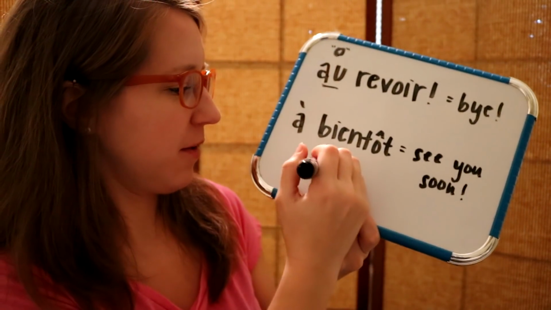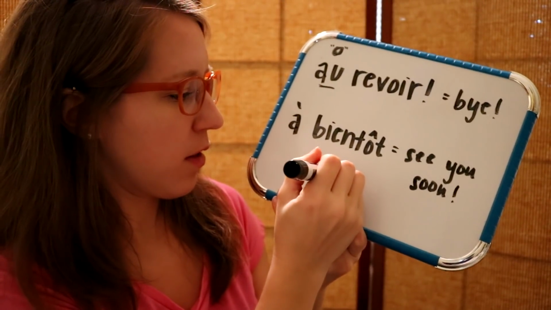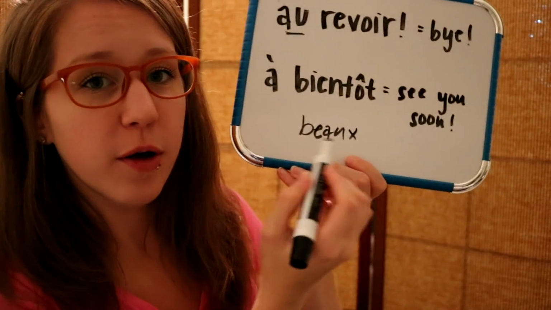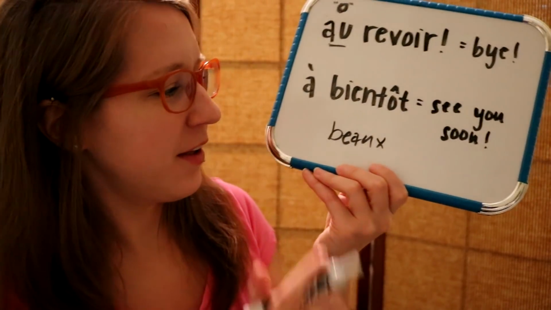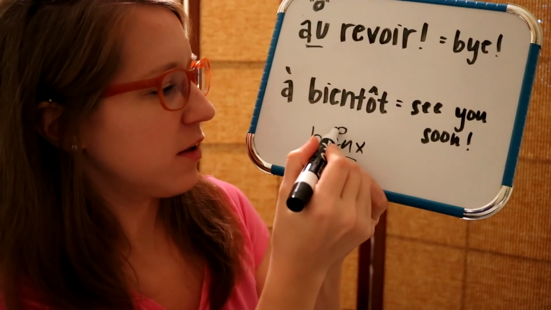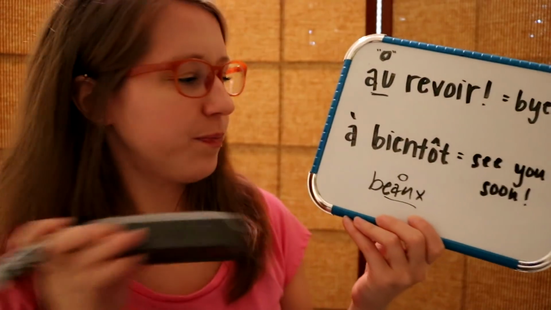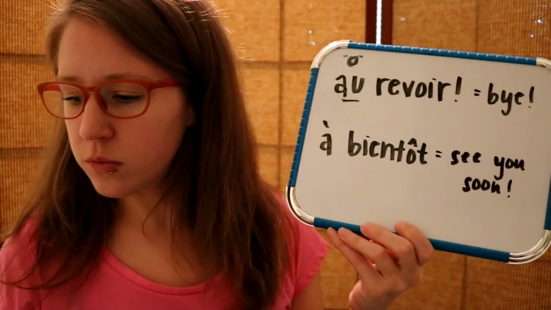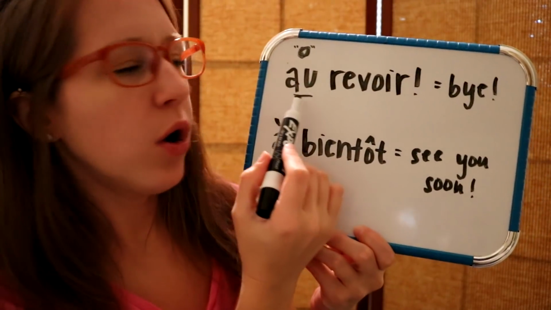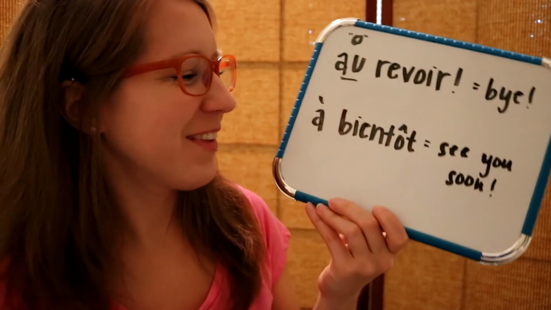Kind of like you may have heard the word beau, like boyfriend, my beau. This all just sounds like O. So here we have au revoir means goodbye, au revoir.